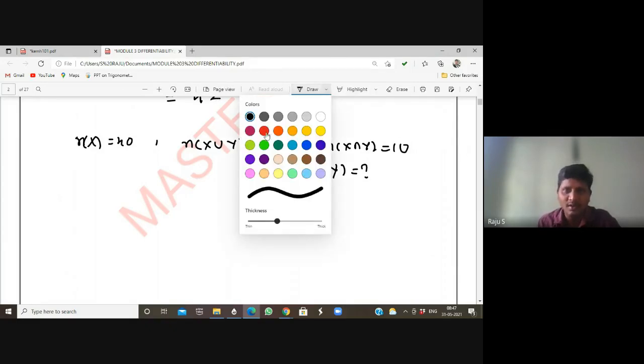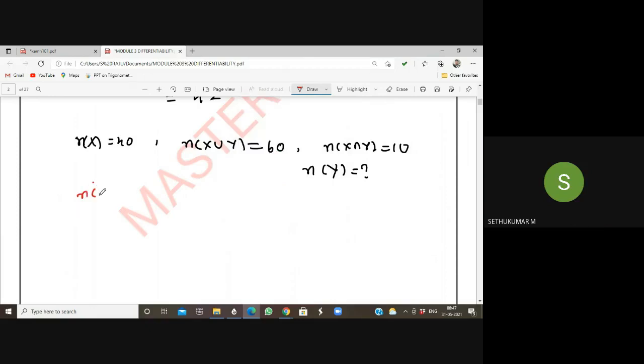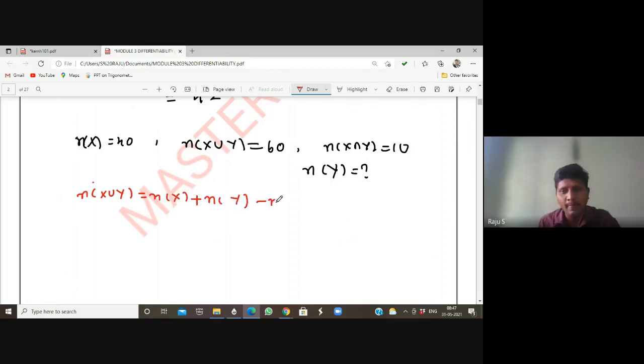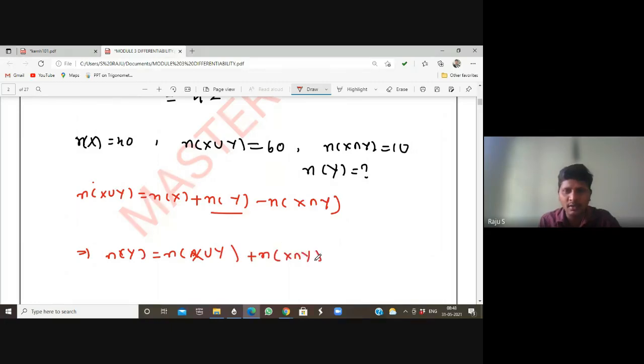Formula: same formula. n of X union Y is equal to n of X plus n of Y minus n of X intersection Y. From this, we require just the n of Y value. So n of Y is equal to n of X union Y plus n of X intersection Y minus n of X. Am I right?